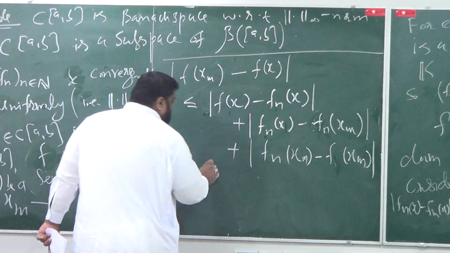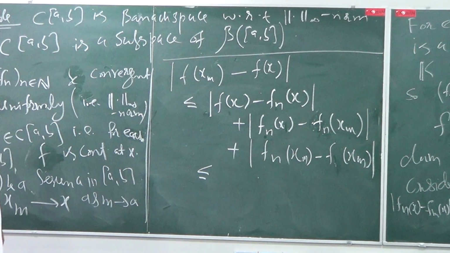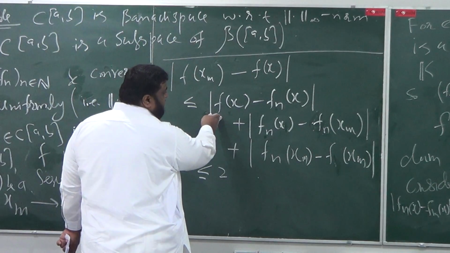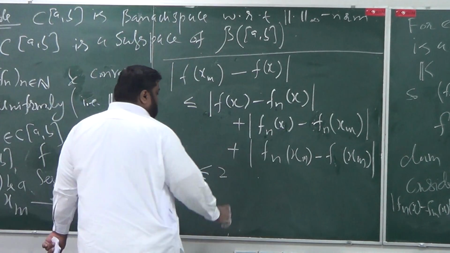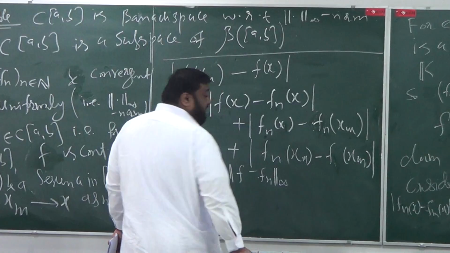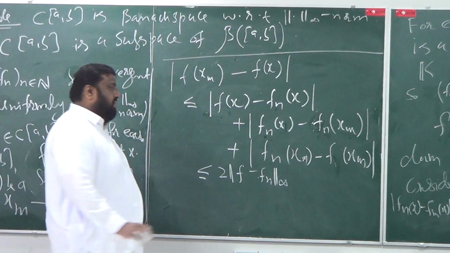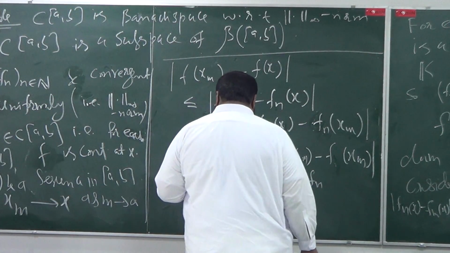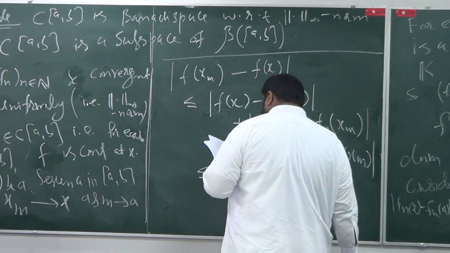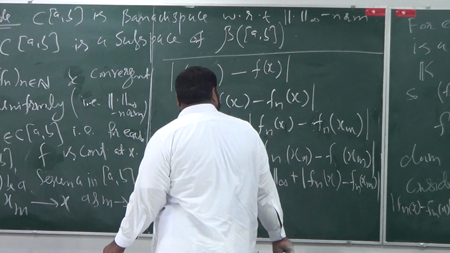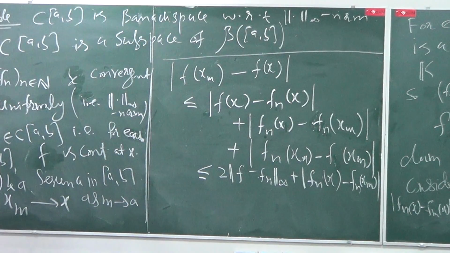My claim is that I can estimate this by 2 times, if I take a supremum over here and here, the infinity norm of f minus f_n, plus f_n of x minus f_n of x_m.